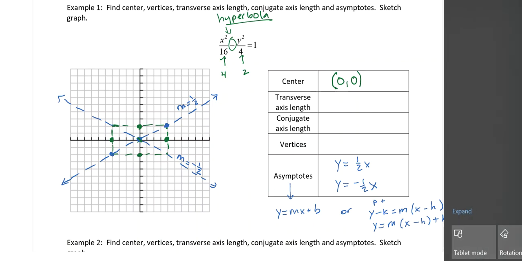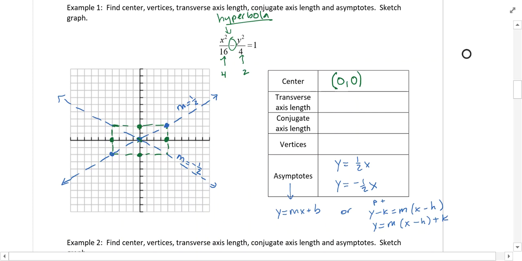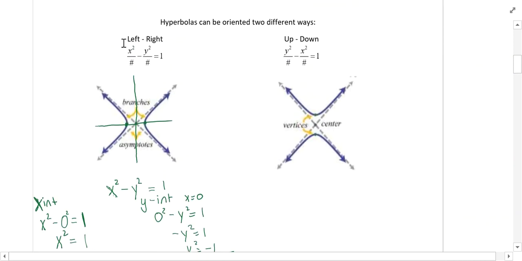All right, so next thing I need to know is if this is a left-right or an up-down. So I'm going to go back to my notes and say, since it's x squared minus y squared, which is like this, I'm going to have a left-right.